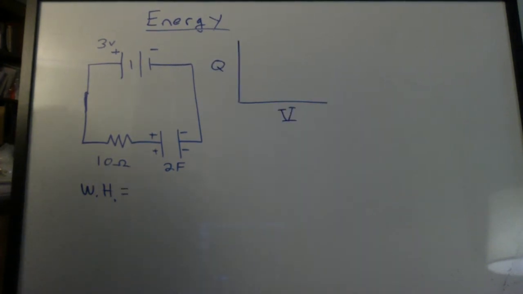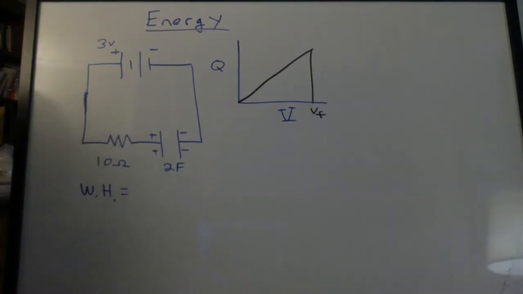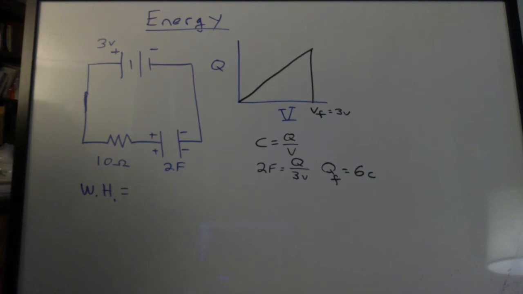A graph will help us see it. The voltage and the charge build up on that capacitor. Eventually, we reach the final voltage and the capacitor is filled. And that's going to be the voltage from the battery. Using the formula for capacitance, we get Q over 3 volts equals 2 farads. And the final charge is going to be 6 coulombs.